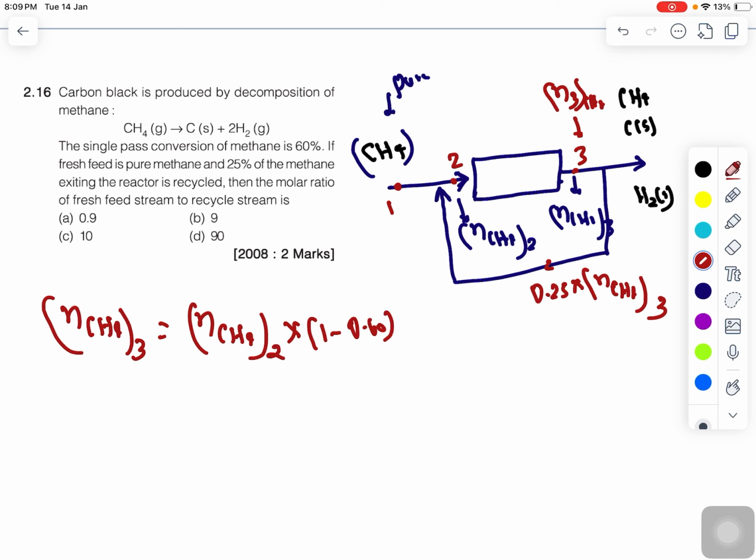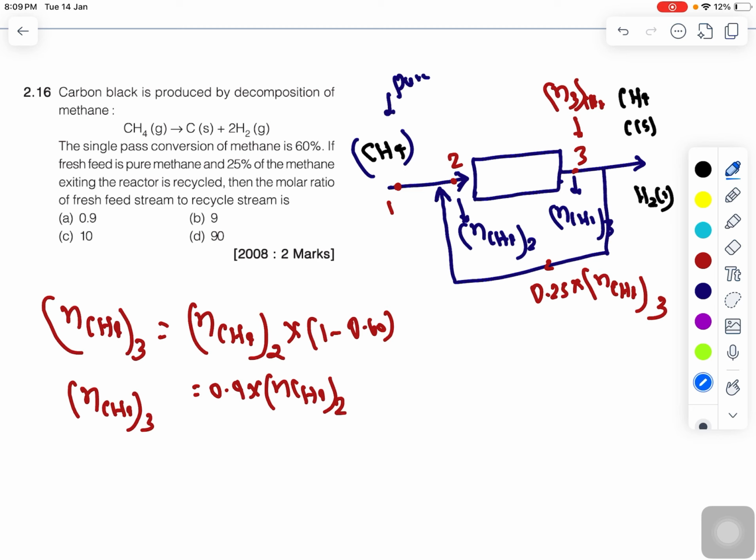Is that clear? So that will be equal to 0.4 multiplied with the number of moles of CH4 at point 2. If you solve this kind of problem in this way, there is definitely less chance of making any silly mistakes, right?